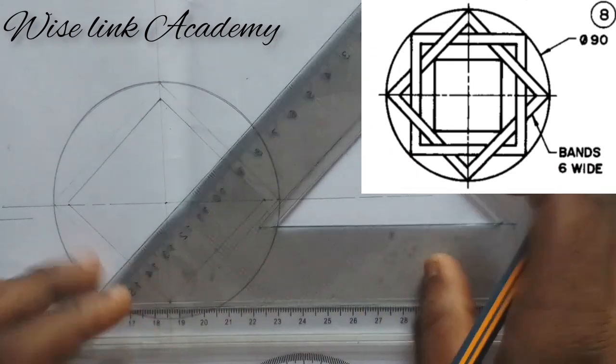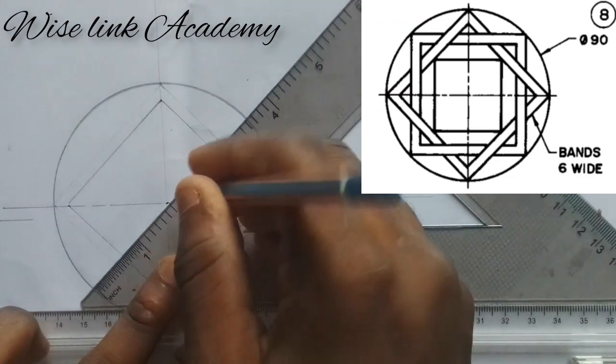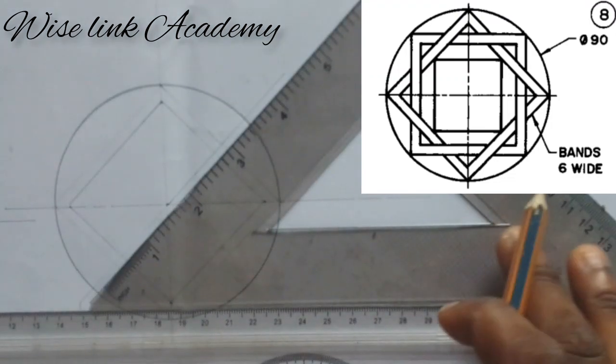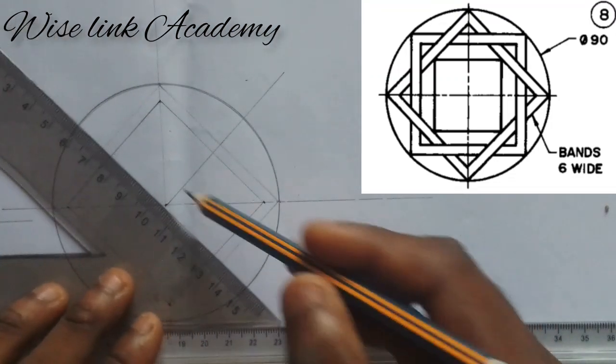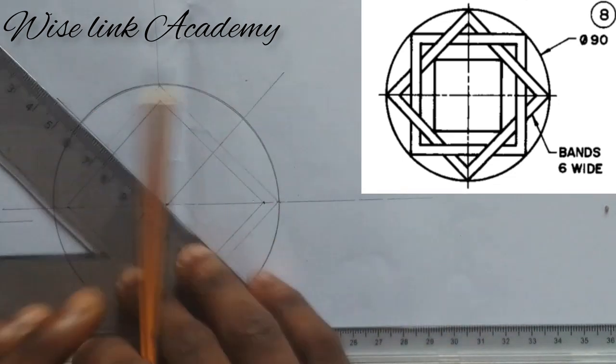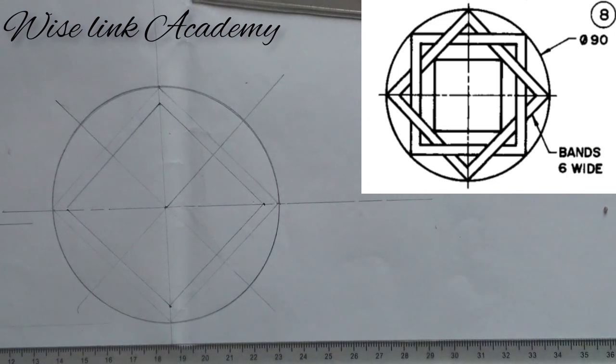So I'll make sure it passes through my center point this way to get 45 degrees. I have this. Similarly, come to this point. I have this, right?